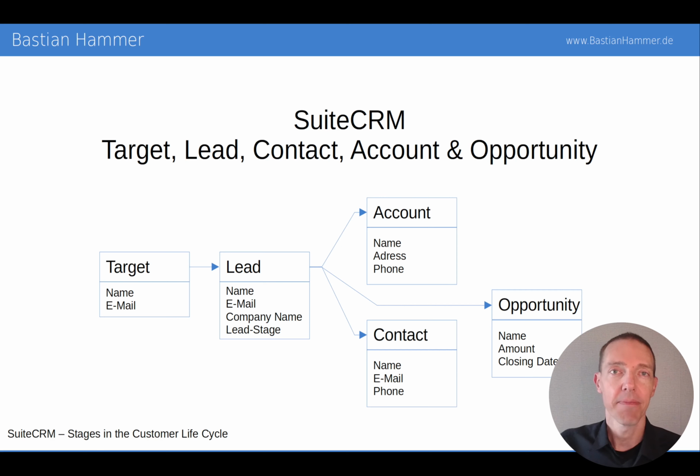A target might be simply a record or data that you bought from a partner or a data supplier, maybe an email, maybe an address, or you scraped it from a website or generated it yourself via online research. So it's basically a person or even an account, like a company, which you have not contacted, and they have not heard of you so far.